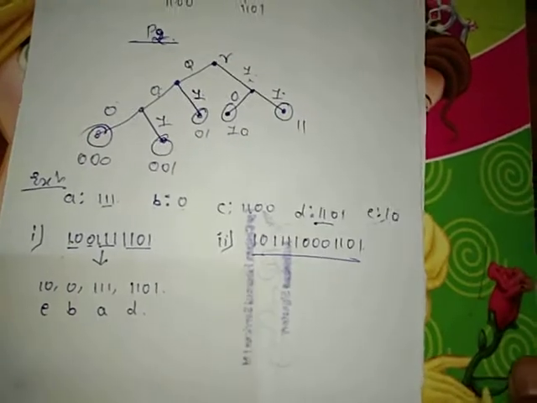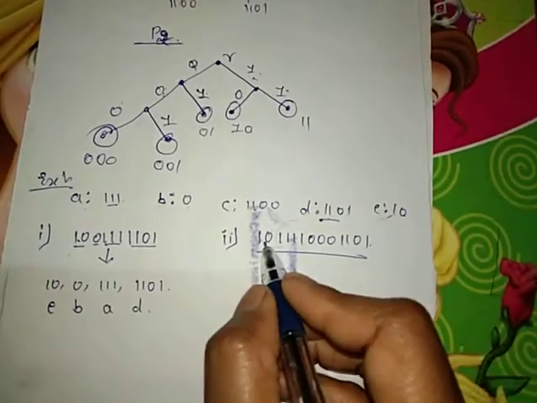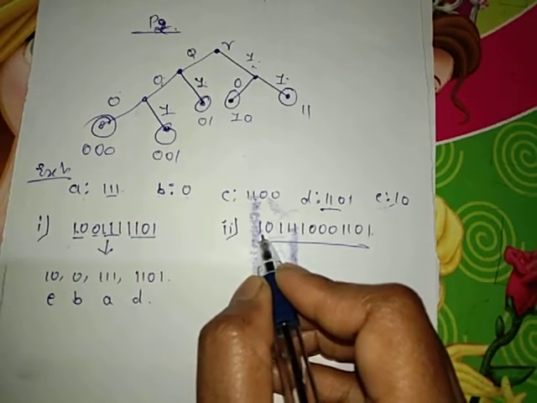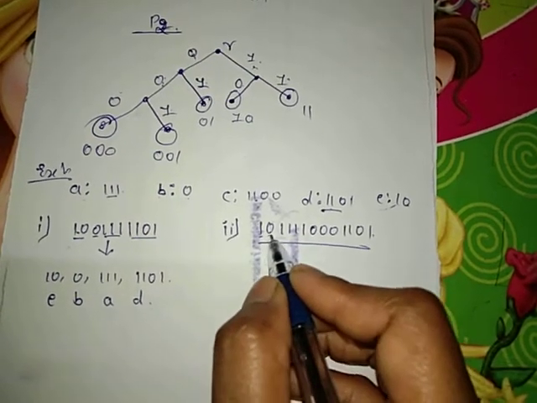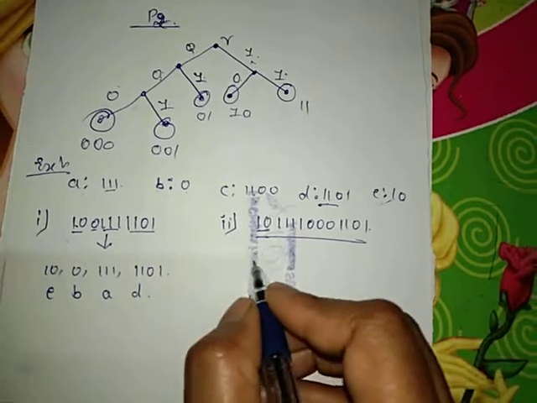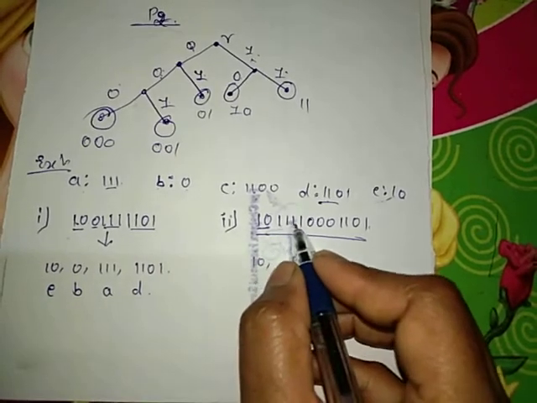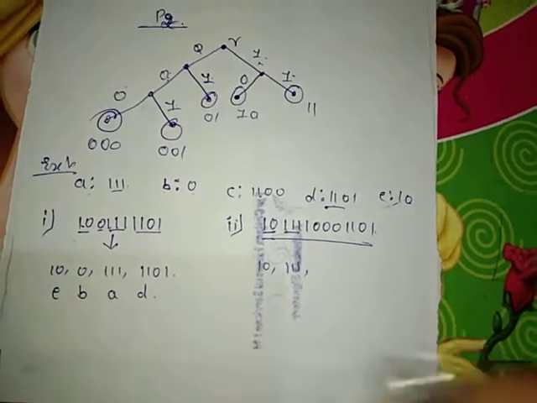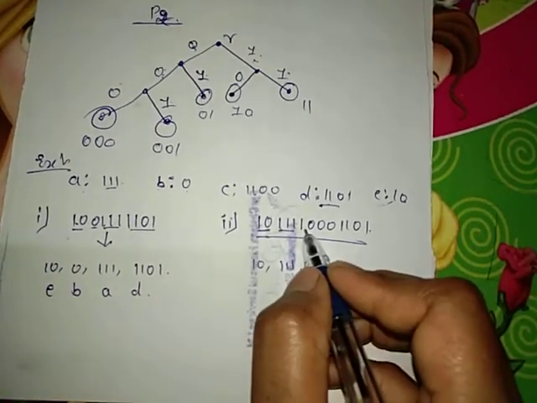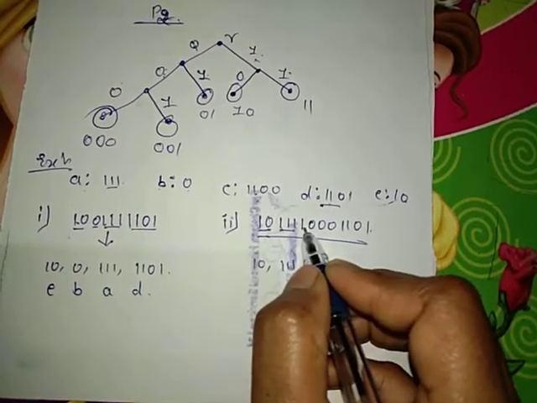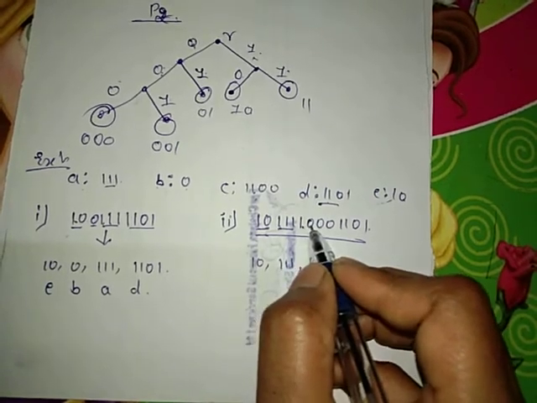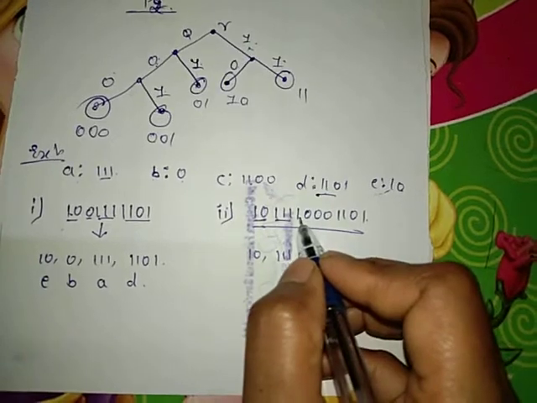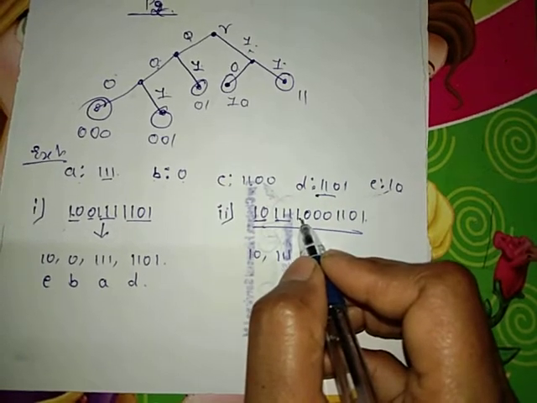Similarly, we move to the second sequence. We cannot take simply 1, we cannot take simply 0. We can take a 10 first. And 1, 1, 1, 1, 4 times is there. We can take it as 3 times. Now again it is 1, 0, 0, 0, 0, and so on. But we cannot take simply 1.